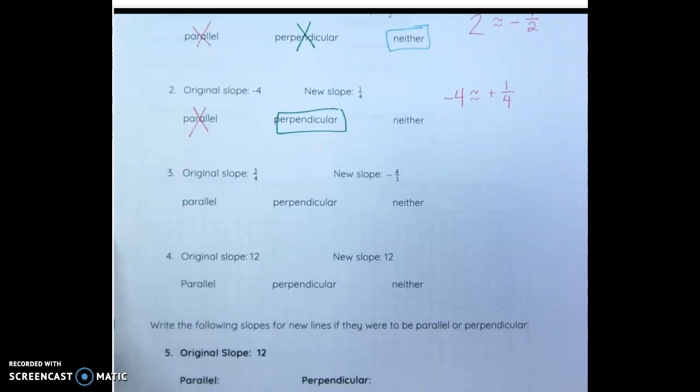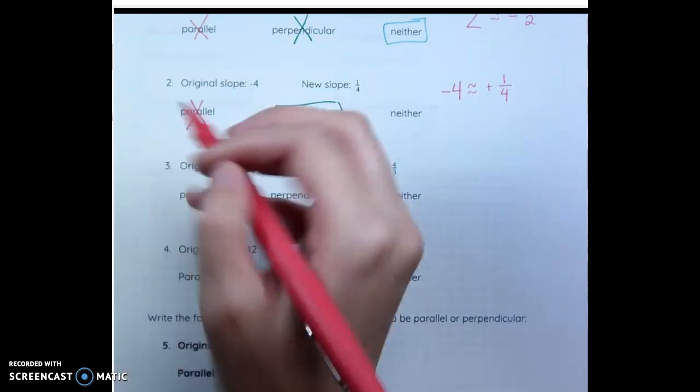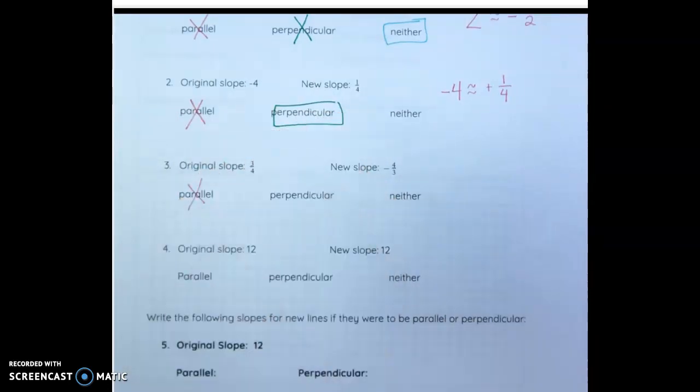Alright. The original slope is 3/4. The new slope is negative 4/3. Are those the same? No. Are they perpendicular? Is the opposite of positive 3/4 negative 4/3?